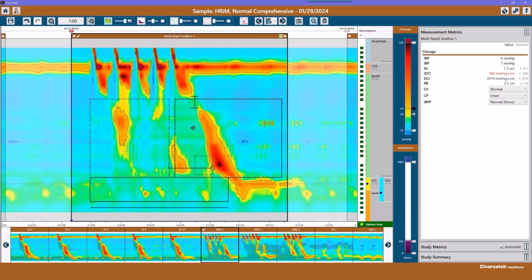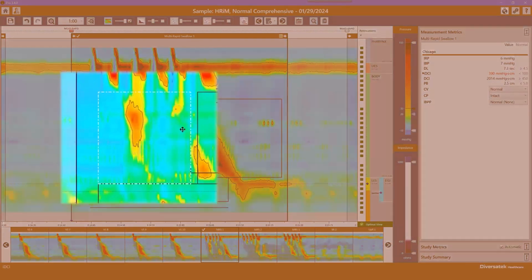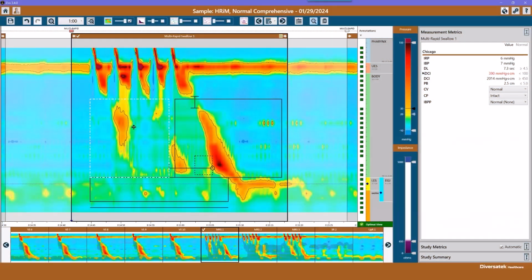In addition to these marks, we have developed another mark that is unique to Diversitech Healthcare. This mark is called an I-DCI mark, standing for inhibitory DCI. Rather than dragging the DCI box to the area of swallow looking for inhibition, and a DCI less than 100, and then dragging the DCI back to the after contraction to look for adequate contractile vigor, we developed a second mark.